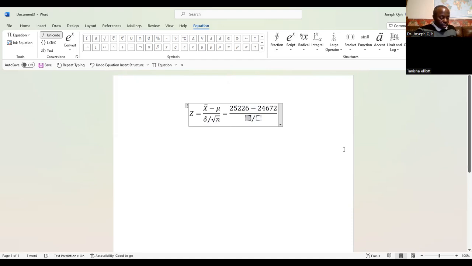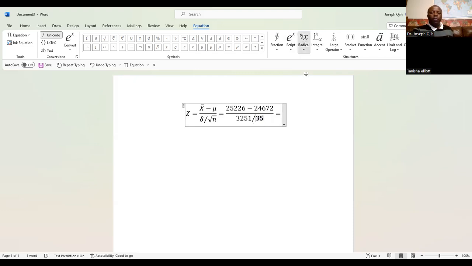The standard deviation is 3251 over square root of n, and n is 35. So let's put this in. Oh, I didn't put the square root of 35. Square root of 35.